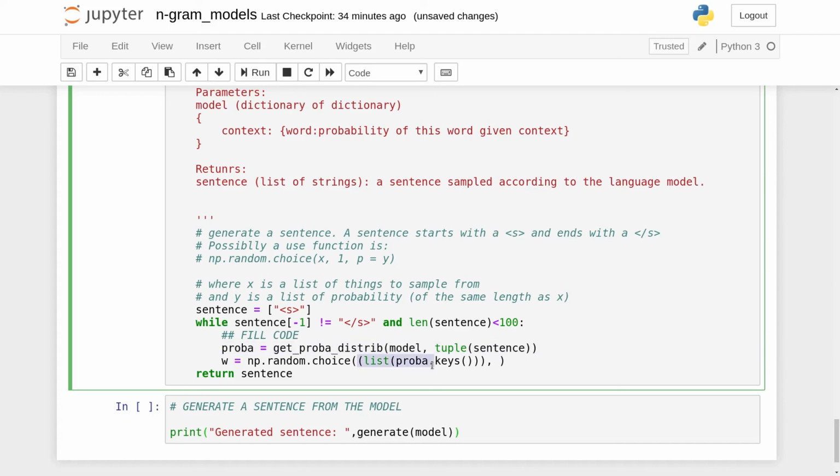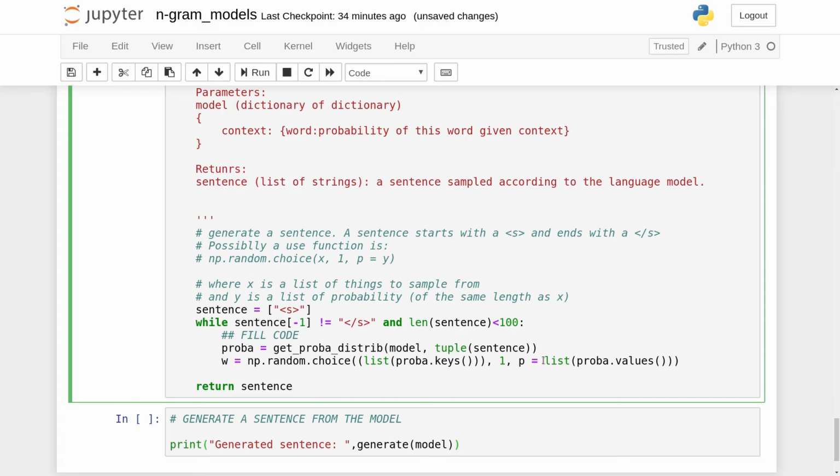These are my words. How many parentheses do I have? Yeah, I think that's right. And I will sample one word, and then the probabilities are going to be the values of this dictionary, so list of proba.values. Now when I sample this word, I'm going to append it to my sentence. So sentence.append(w[0]), because w is an element in a dictionary, so it's a word and its probability. I'm not interested in the probability, I'm more interested in the word, so I'm going to append it to my sentence.